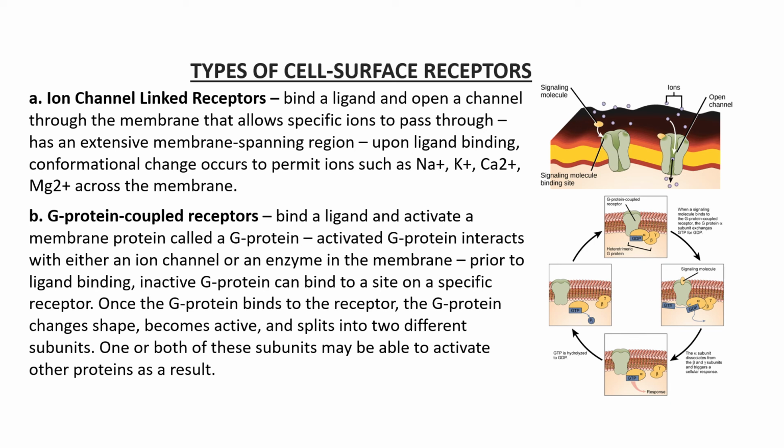However, prior to the ligand binding, an inactive G protein can bind to a site on the specific receptor as well. Once the G protein binds to the receptor, it undergoes a change in conformation, becomes active, and splits into two different subunits, which may be able to activate other proteins involved in the signal transduction.